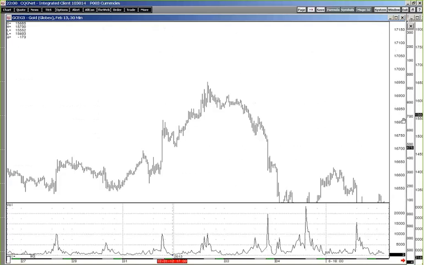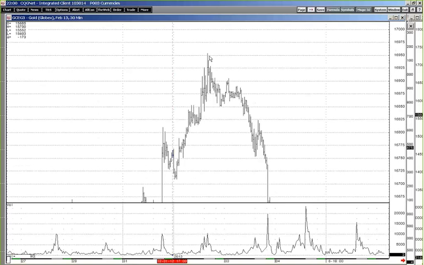All right, here's the spike, and this is a 30-minute chart. Now, if you didn't see this, you've got this spike here. So I'm not going to sell this on a 30-minute basis.